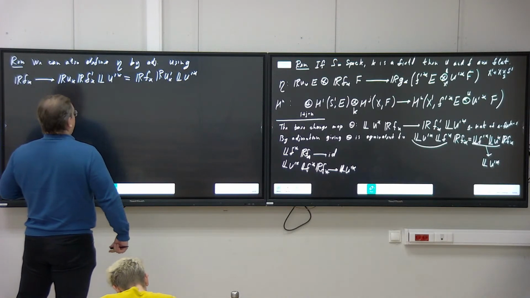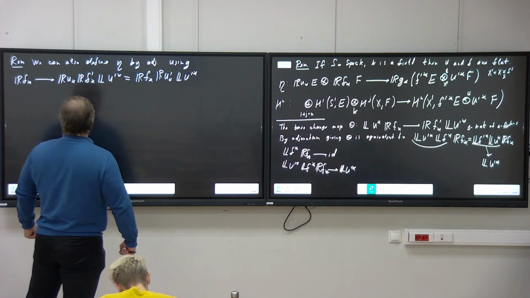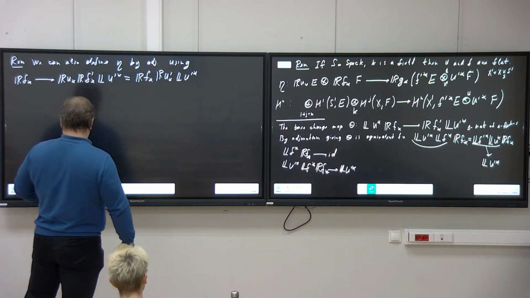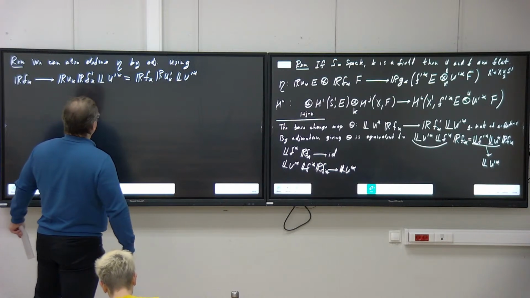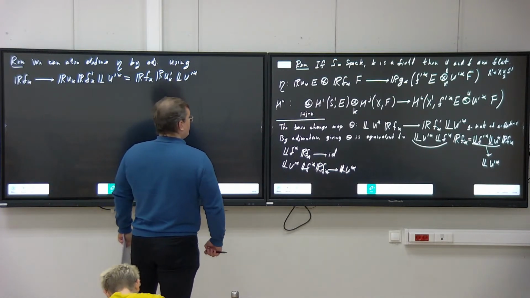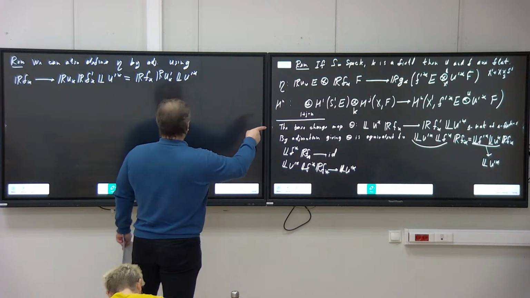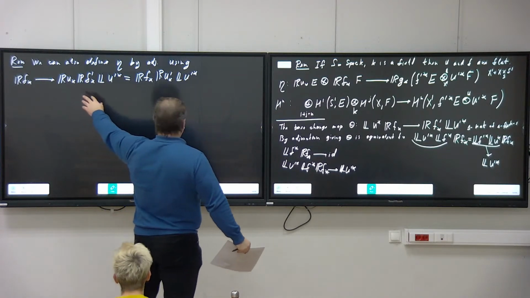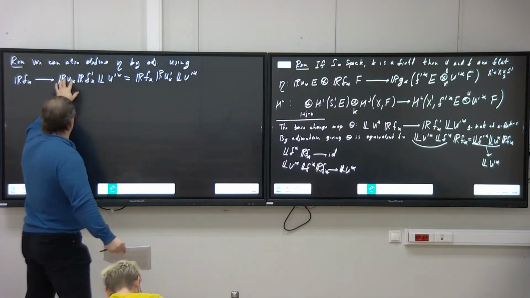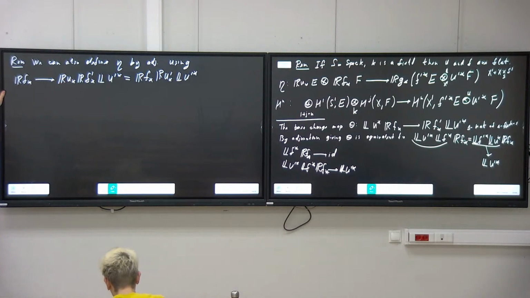So I can produce this map, and I also want to say that I can get a map like that, but how? I need to take this RU, and by the adjunction move it here with the RU upper star.